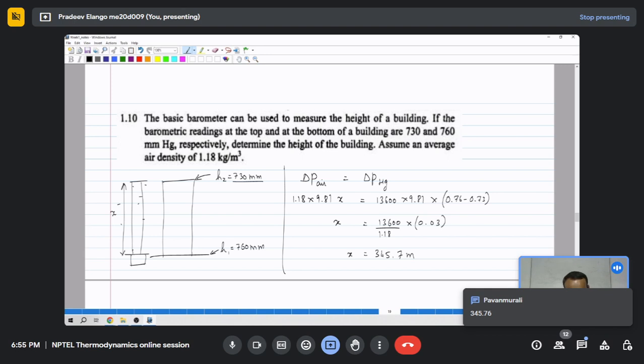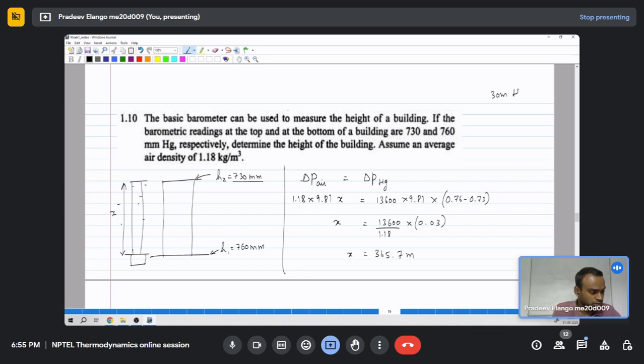So that means 30 mm of mercury is equivalent to 345.7 meters of air. And that is why we saw a difference in the pressure measurement at the bottom and top of the building.